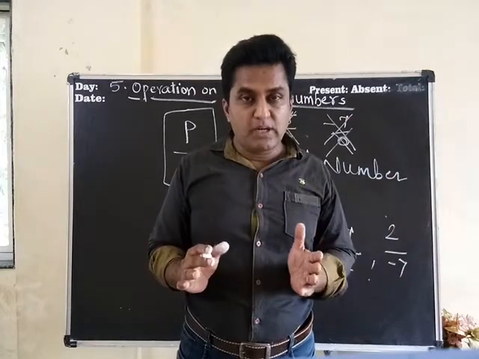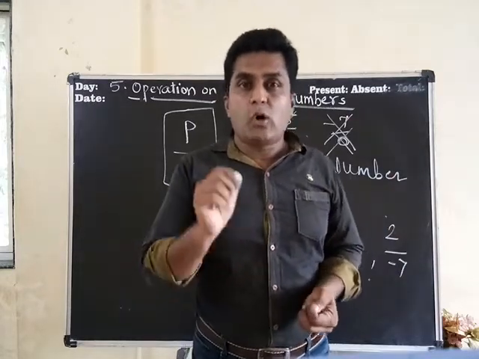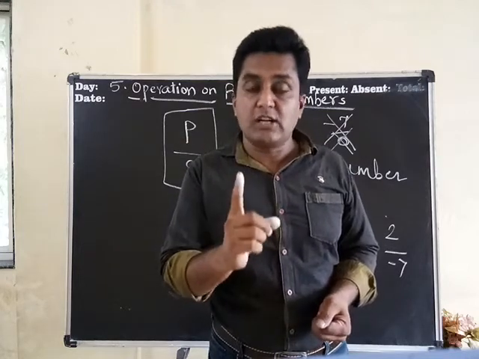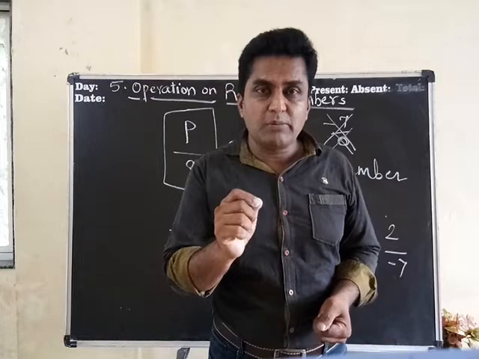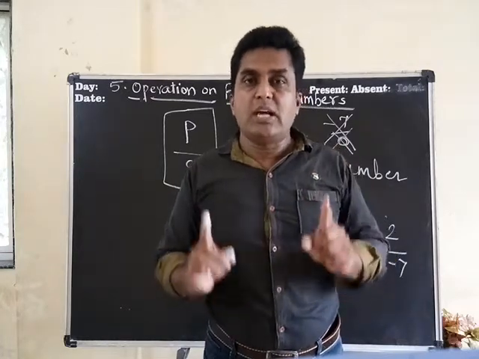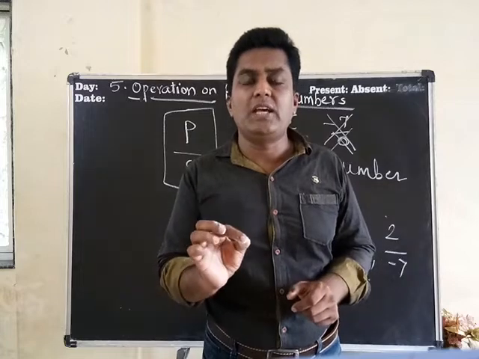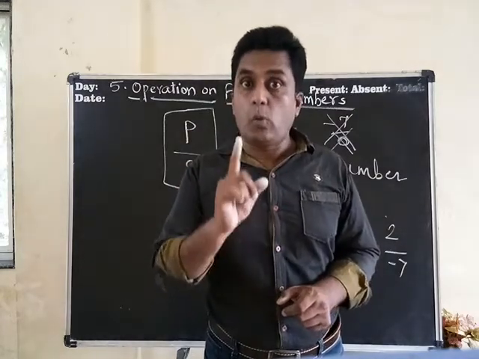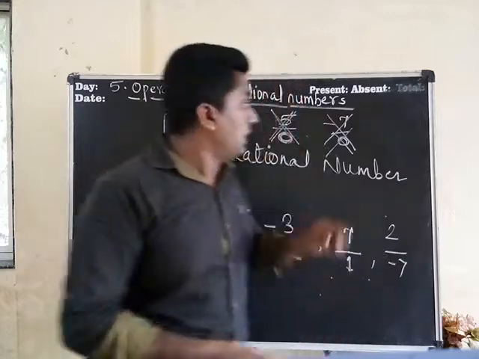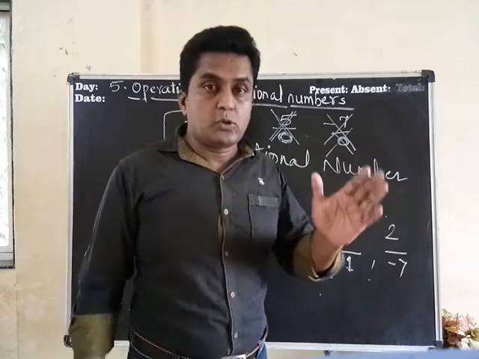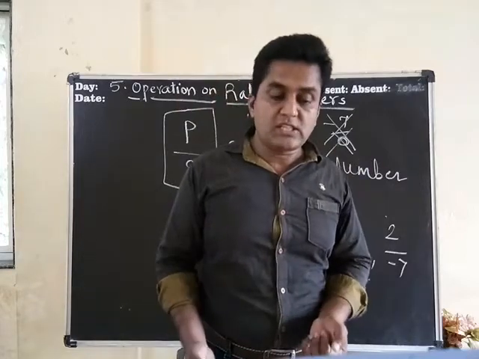If I want to explain in one word what a rational number is, a rational number means the number in the form of a fraction, or simply your fractions are called rational numbers. Only what should not be there in the denominator? In the denominator 0 must not be there. Okay, so that was a recap of what is a rational number.